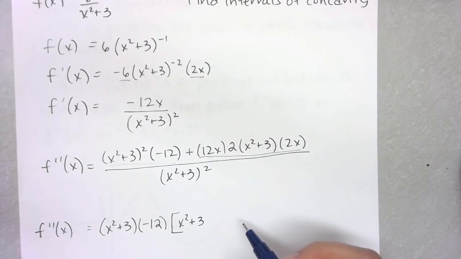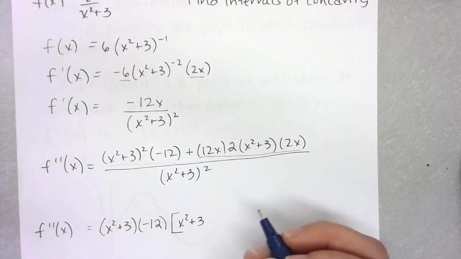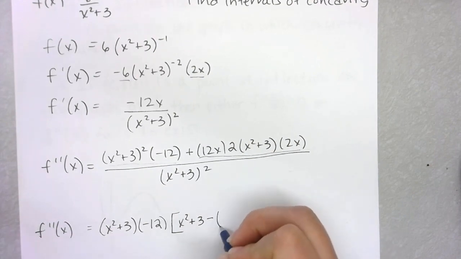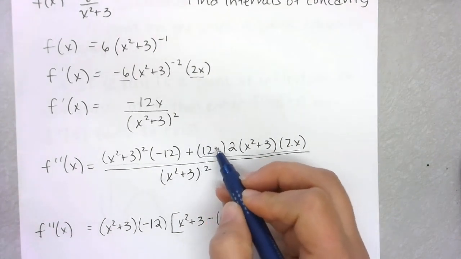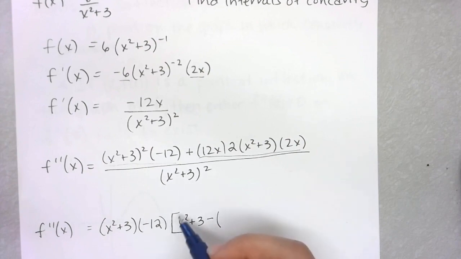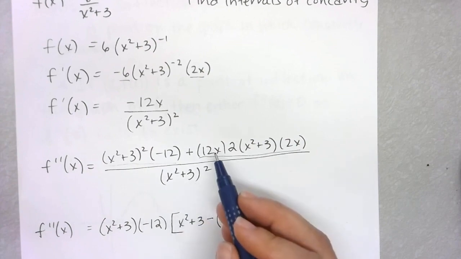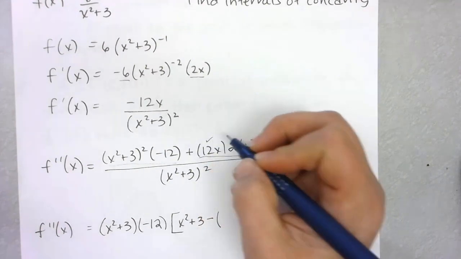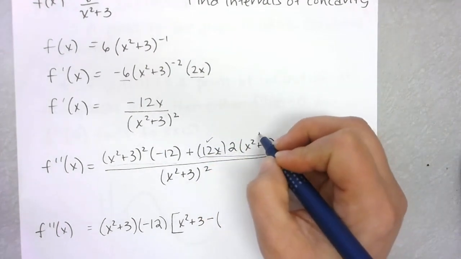All right, so now I'm going to factor out a negative 12. That's actually going to make this a negative here, right, because then this times this here should be positive, so I'm going to have a negative times a negative. So now I've gotten this done, I still need this, and I've got this.